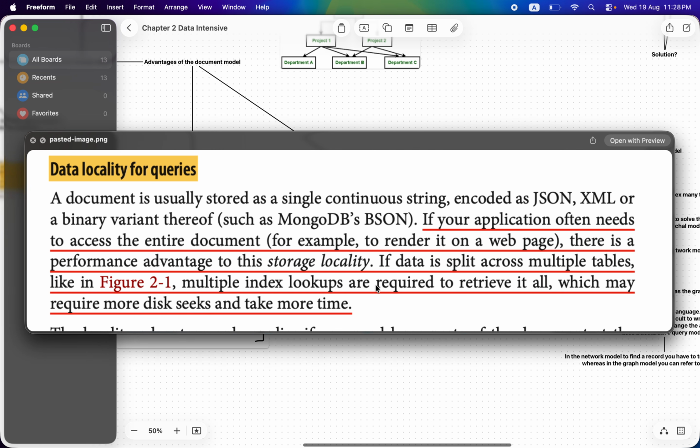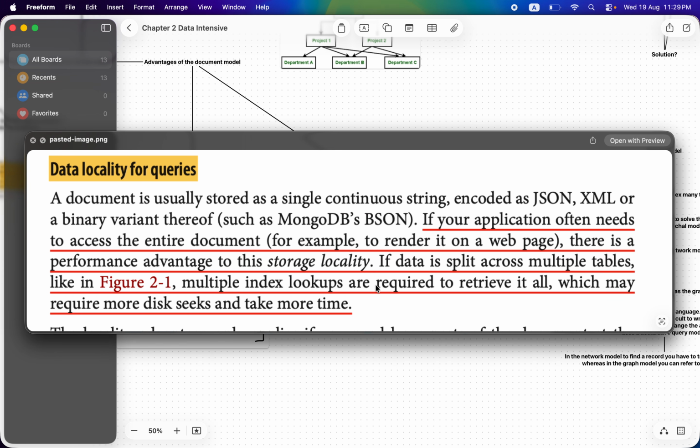Then data locality. Usually if we are using the document-based model, it's used for blogs, websites, or magazines, things where we have huge articles that we actually want to load at once.